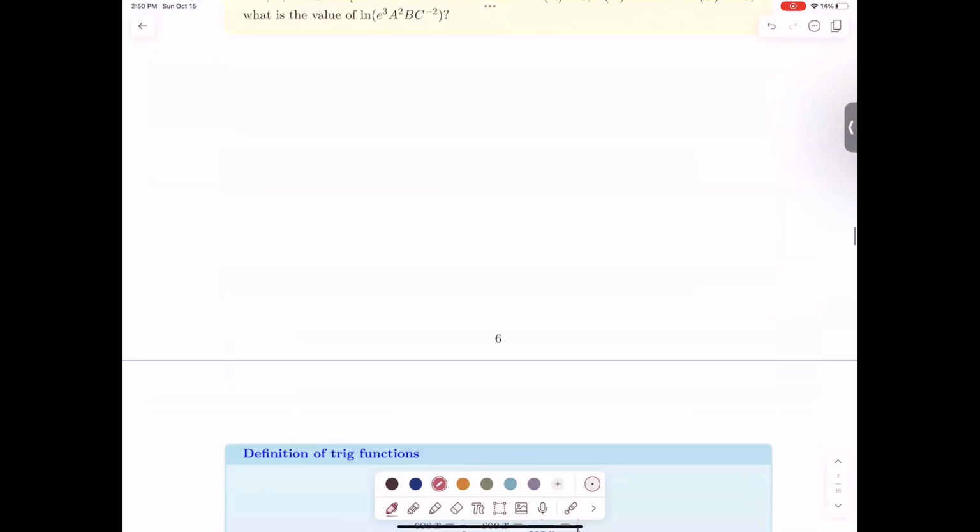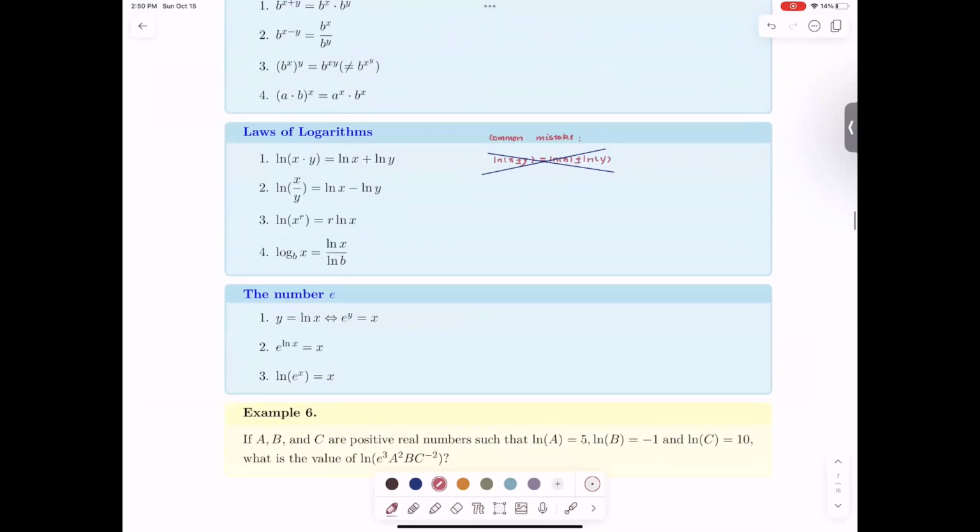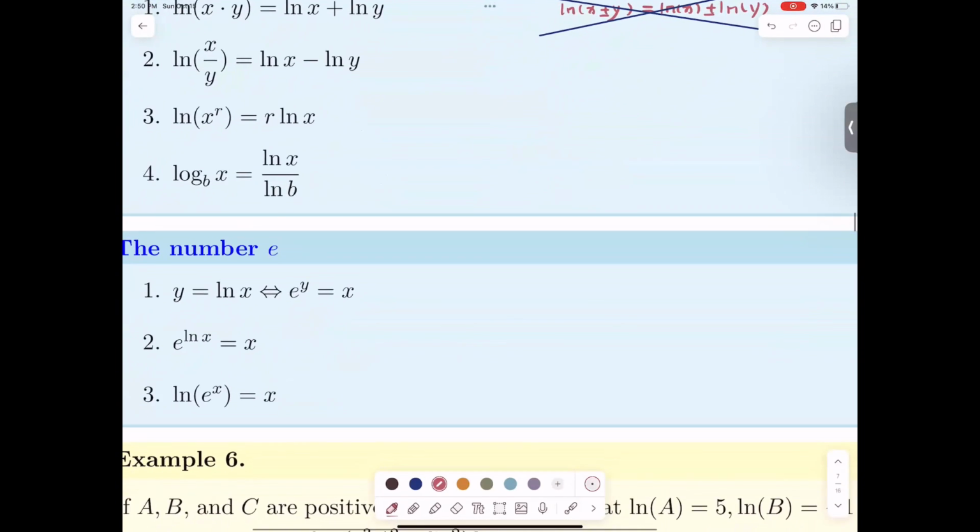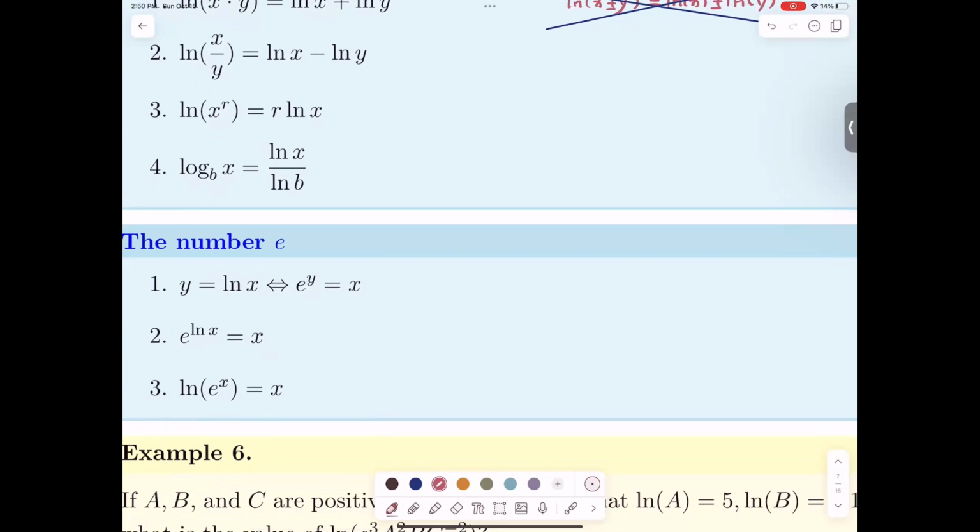One thing I want to say, I don't have an example here. If you're stuck at something like e to the power of something equals something, then you apply ln on both sides. Because they're inverse of each other, they can cancel out, right?